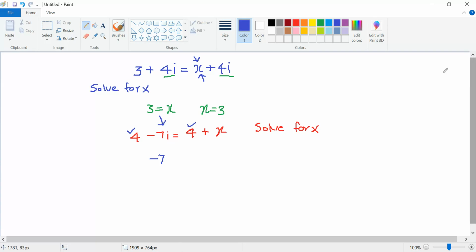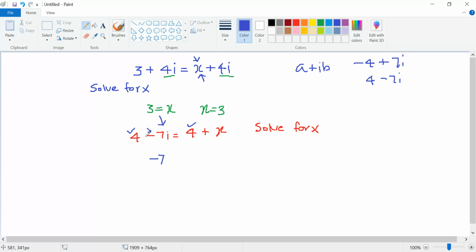If we have minus 4 plus 7i, or if we have 4 minus 7i, in the standard form of the complex number there is no separate negative sign. So whenever there is a negative sign in a complex number, it belongs to the real part or the imaginary part. Here the negative sign belongs to the imaginary part.